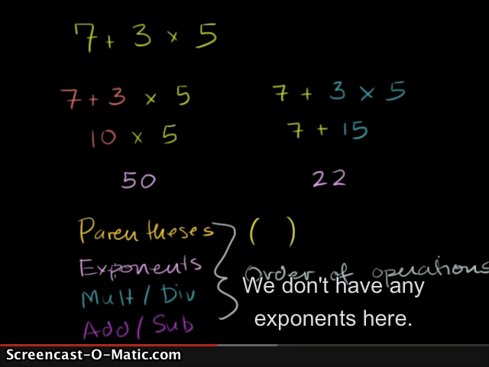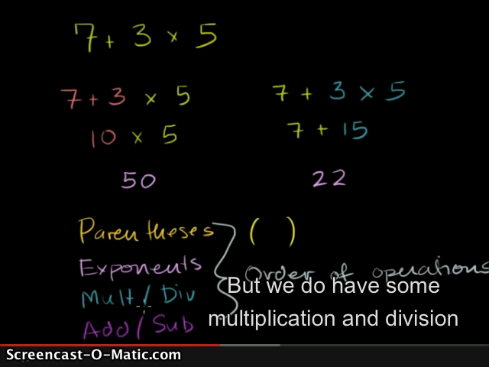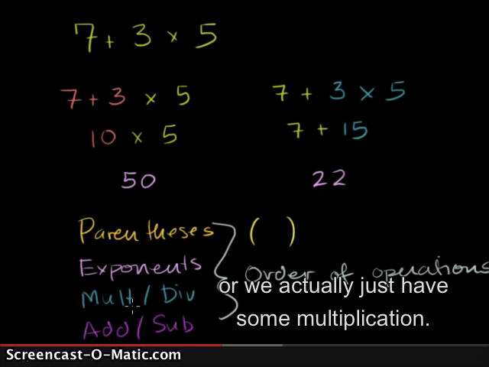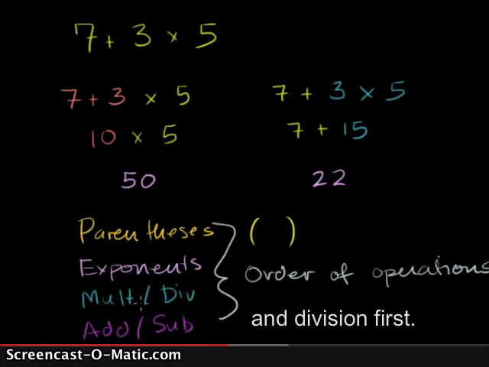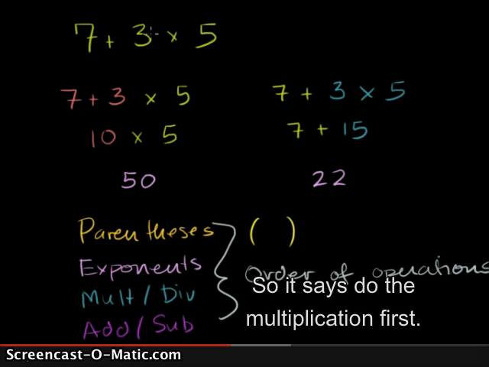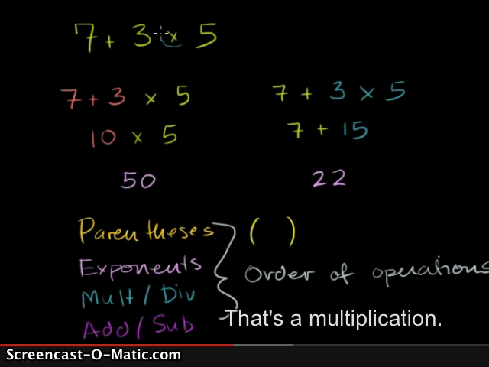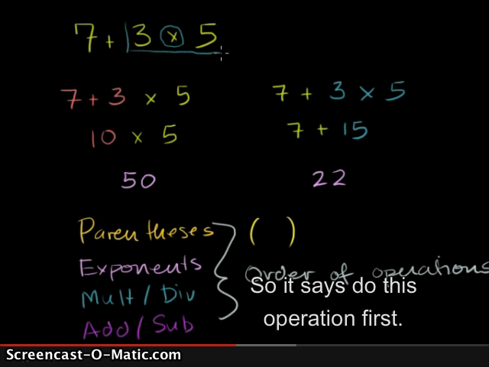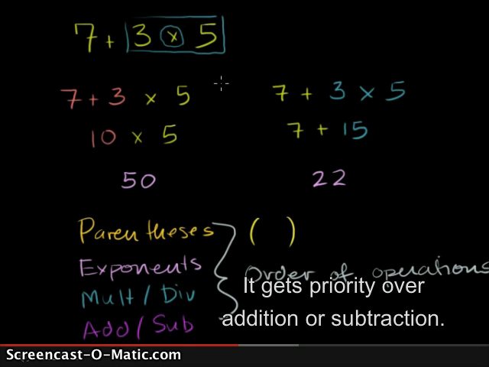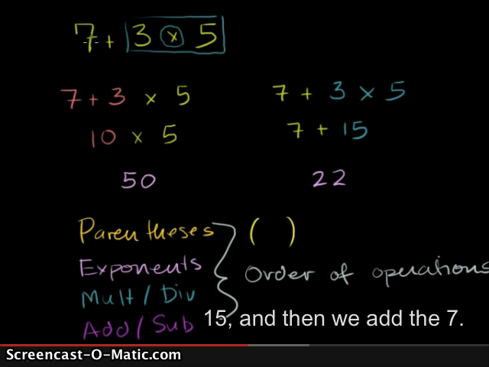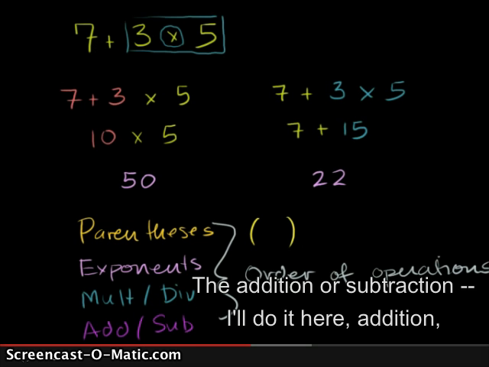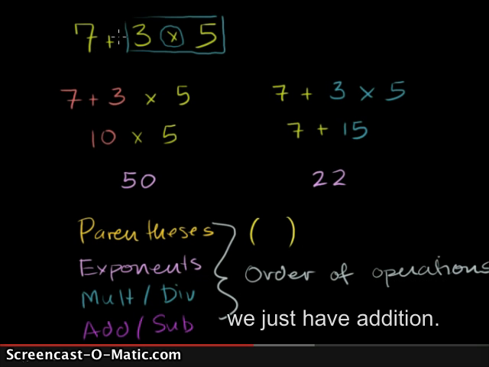We don't have any exponents here, but we do have some multiplication and division, or we actually just have some multiplication. So the order of operations say, do the multiplication and division first. So it says, do the multiplication first. That's a multiplication. So it says, do this operation first. It gets priority over addition or subtraction. So if we do this first, we get the 3 times 5, which is 15, and then we add the 7. The addition or subtraction, I'll do it here. Addition, we just have addition.